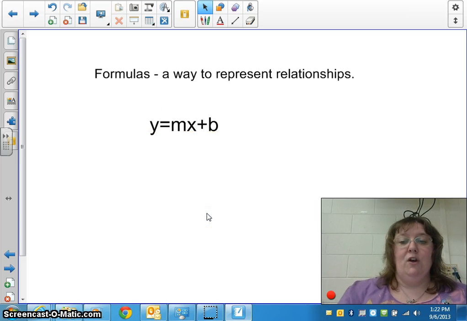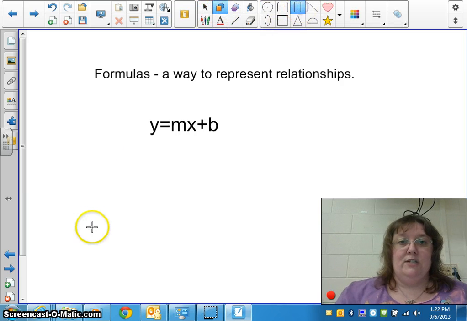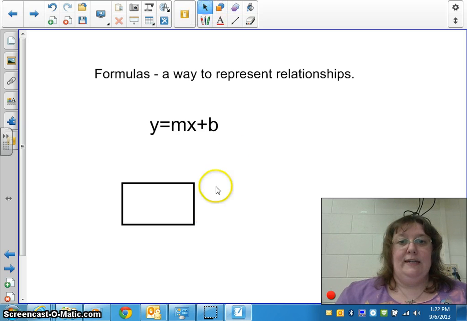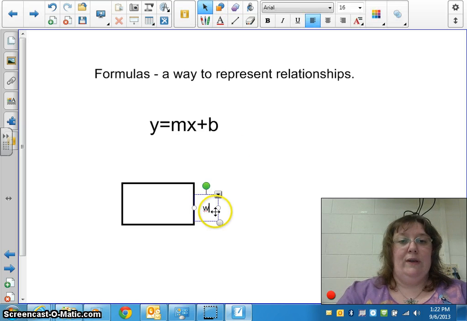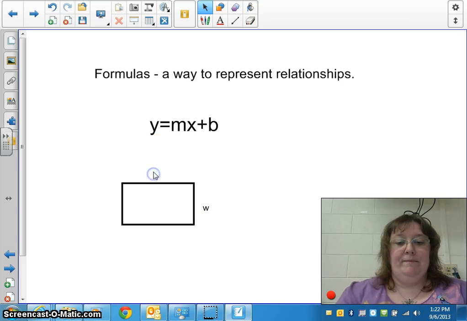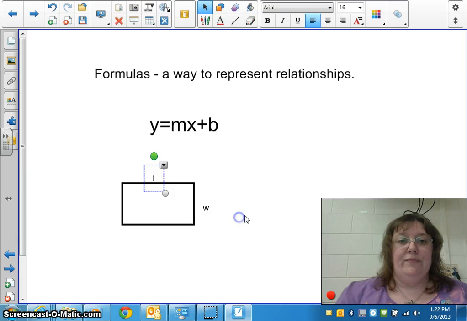Another common formula would be something for the area of a rectangle, okay? So if I have a rectangle, let's just make a rectangle here, all right? I have on the side here, the shorter side we always call the width, and the longer side we always call the length. Okay, that's a small l, guys, all right?